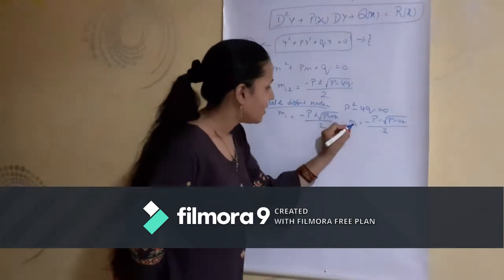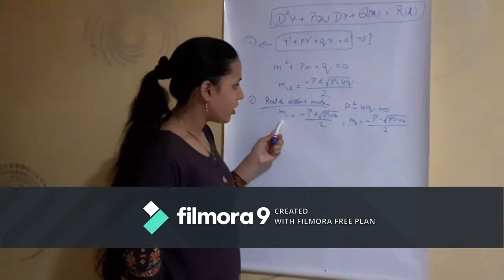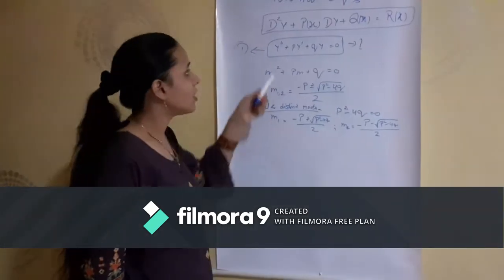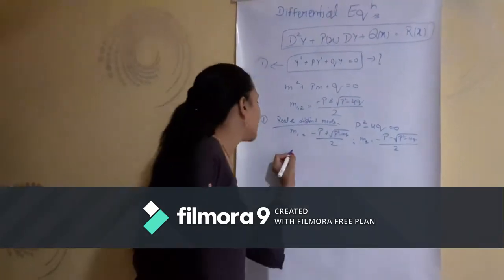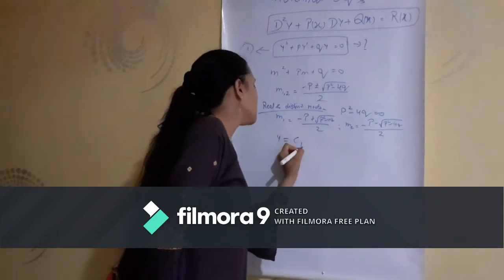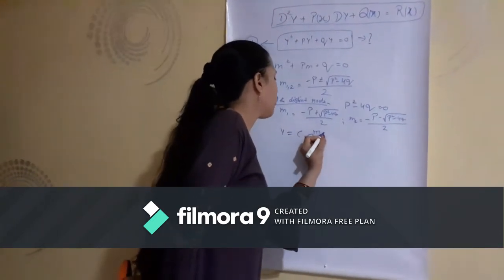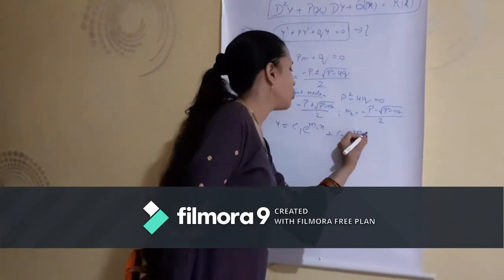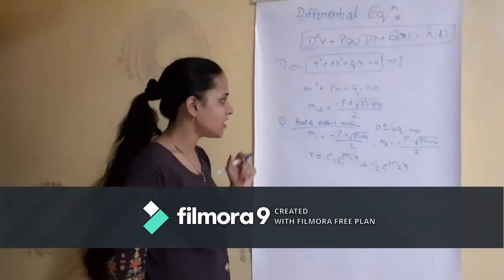Clearly we can see that m1 and m2 are distinct values. So the general solution of this differential equation can be written as y = c1 e^(m1 x) + c2 e^(m2 x). It is the first case.